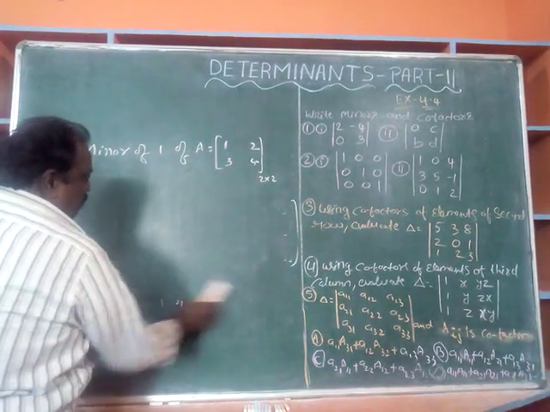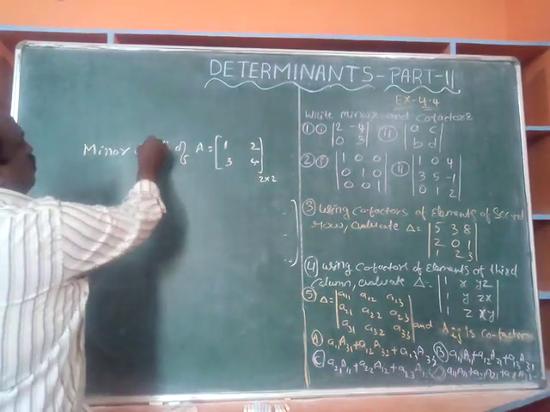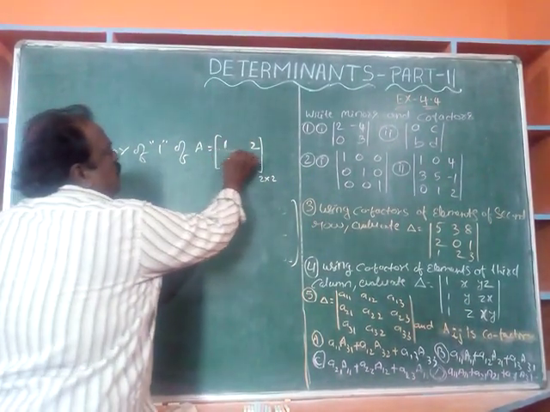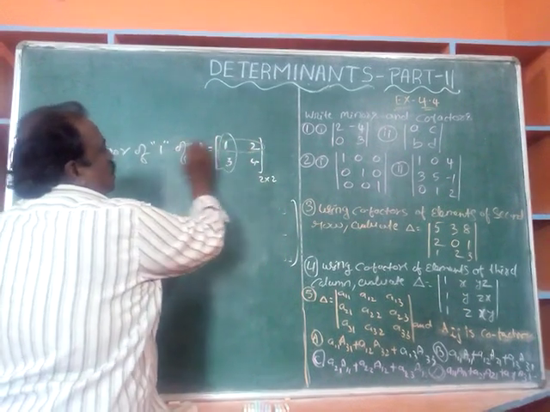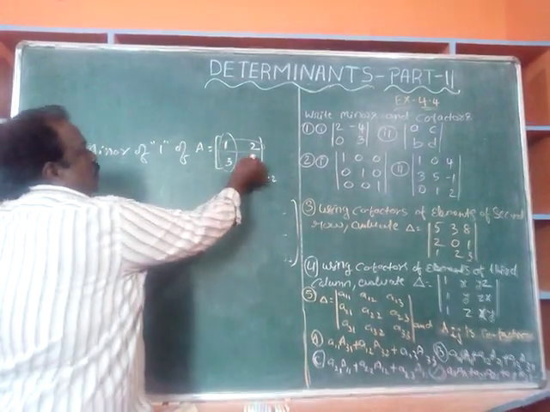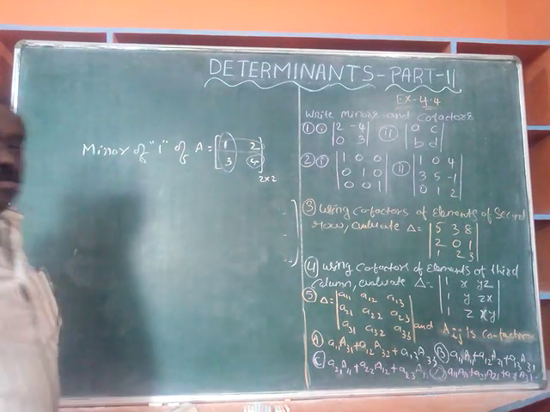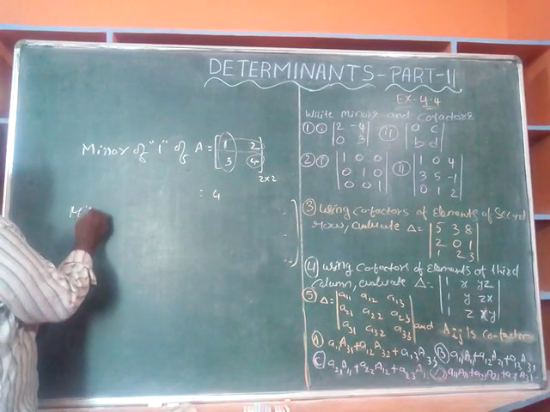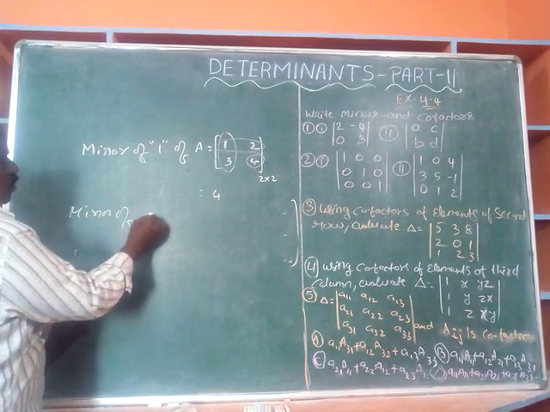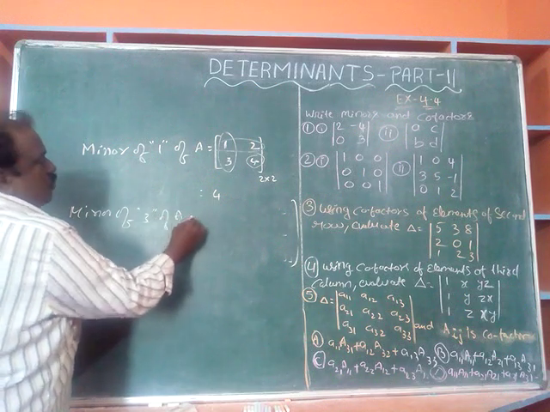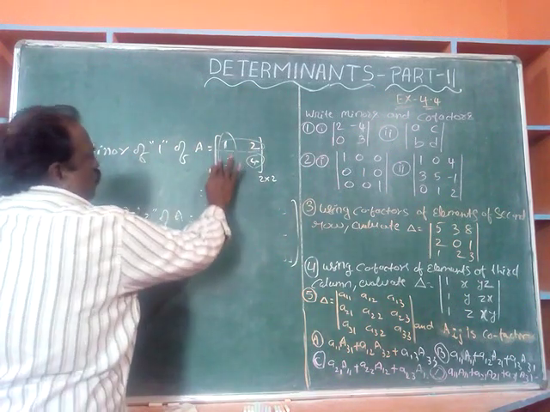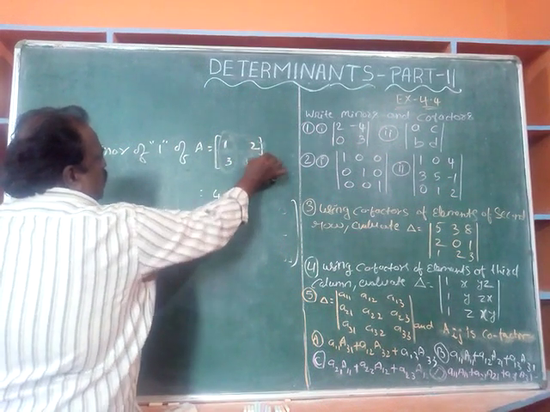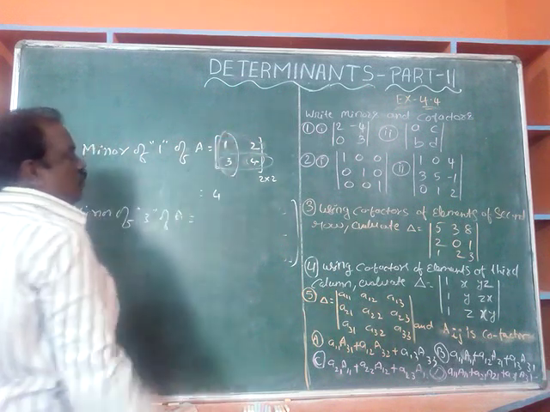For example, the minor of 1. 1 is an element of the given matrix A, 2 by 2. You delete that row and column where 1 is lying. So here is 4. 4 is the minor for 1. Suppose minor of 3 is asked for the matrix A. The 3 is lying in the second row and first column.